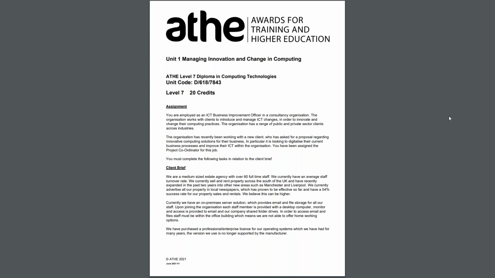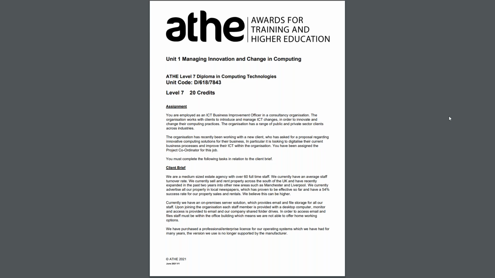Your client has sent you this brief, where it says: we are a medium-sized estate agency with over 60 full-time staff. We currently have a range of staff turnover rates. We sell and rent properties across the south of the UK and have recently expanded in the past 2 years into other new areas such as Manchester and Liverpool.